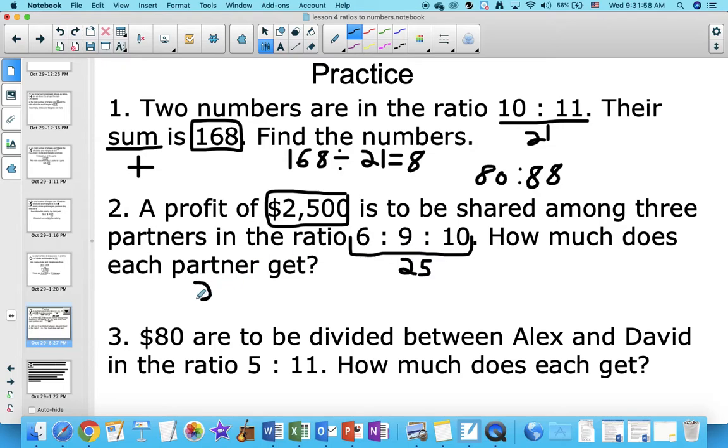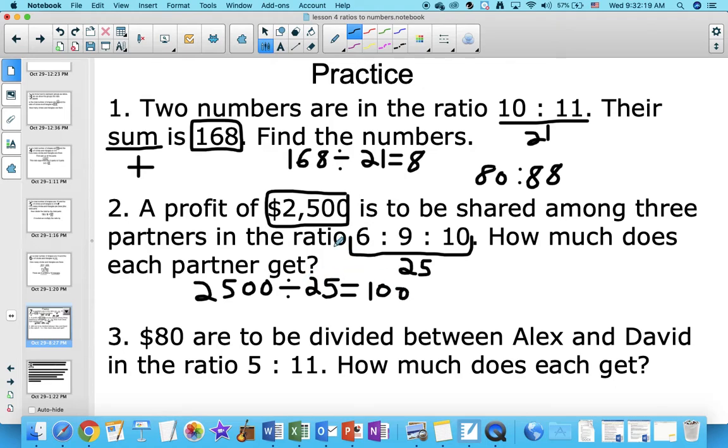So I just go 2,500 divided by 25. Now that I have the 2,500 and I divide it by 25, I get 100.